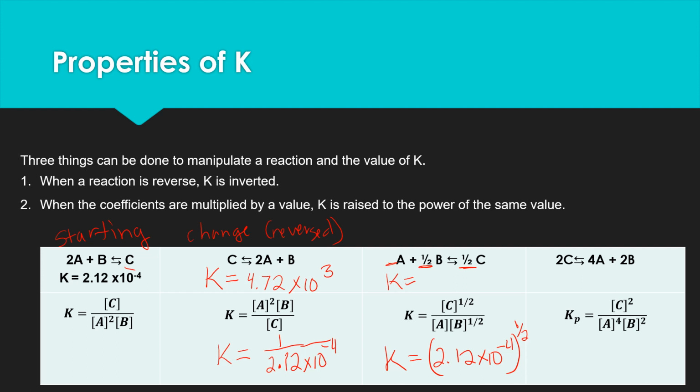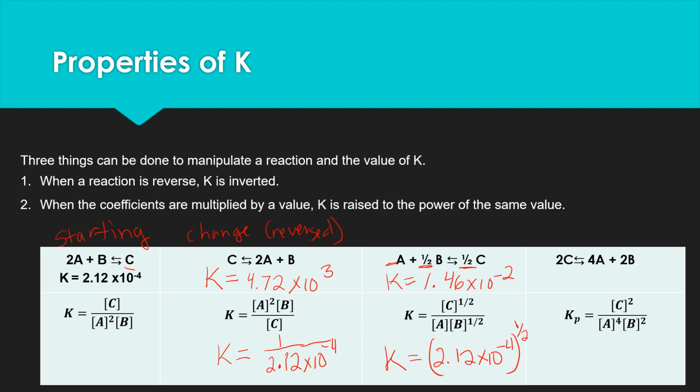And I get 1.46 times 10 to the -2 as my new equilibrium constant. So this is a really good one to try out on your calculator and make sure you're getting consistent answers. So when we reduce the coefficients, we can see that our K value is actually larger in this case.